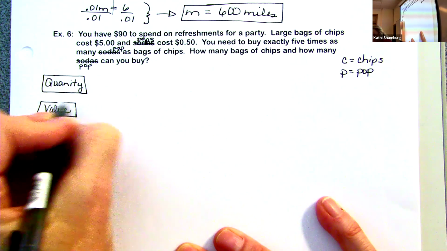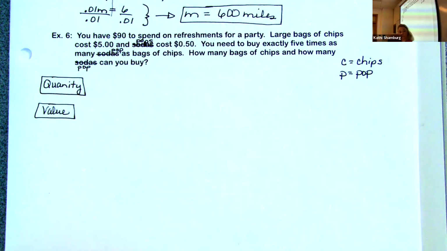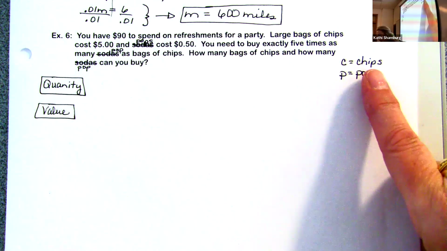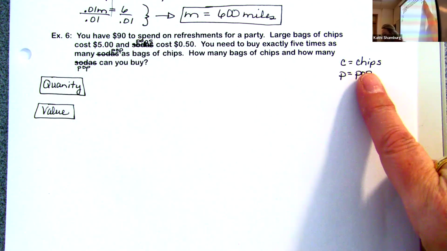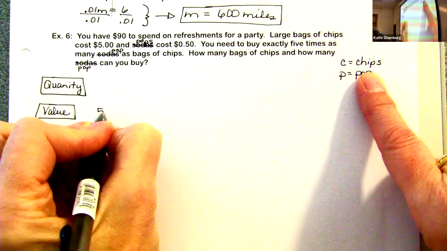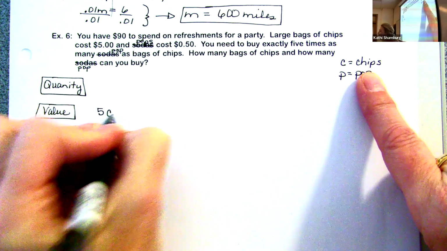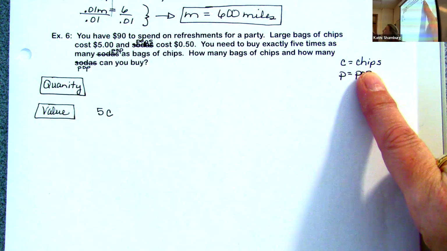Now, when you look up in the problem and you see those numbers, the numbers that you see that are given, do you mainly see value numbers or quantity numbers? Value. Okay, so let's start with that. Let's start with the value. Okay, what's the value of chips? $5. So that would be $5 for every bag of chips. And if you put 5.00, that's perfectly fine.